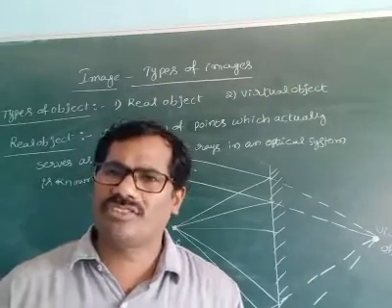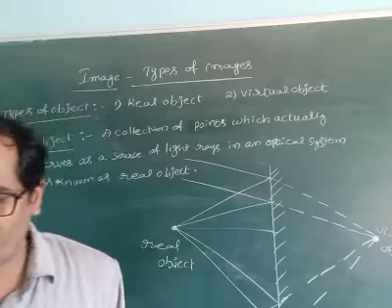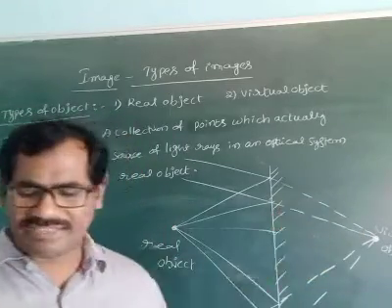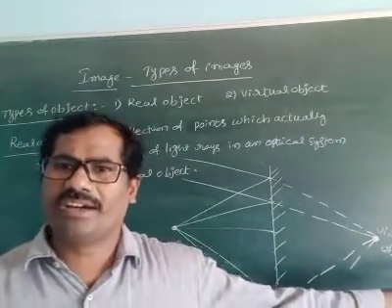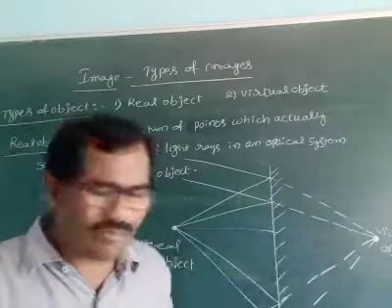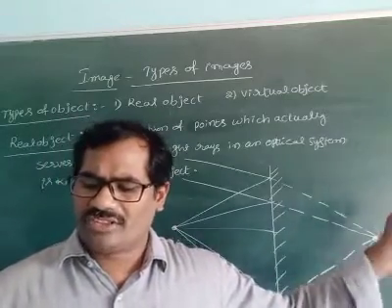In case of a virtual object, if the light rays coming toward the virtual object converge at a point behind the plane mirror, the reflected rays form a real image. It is a virtual object.